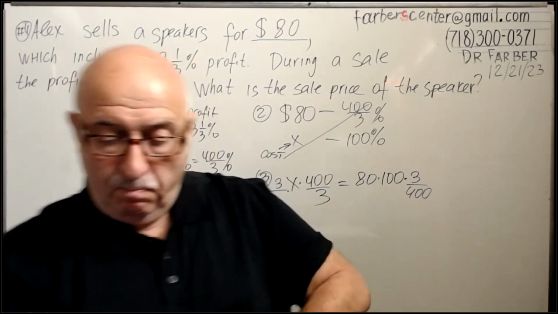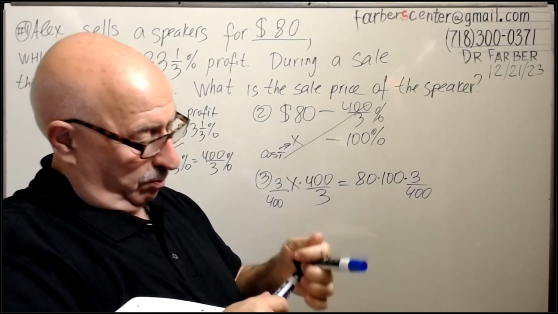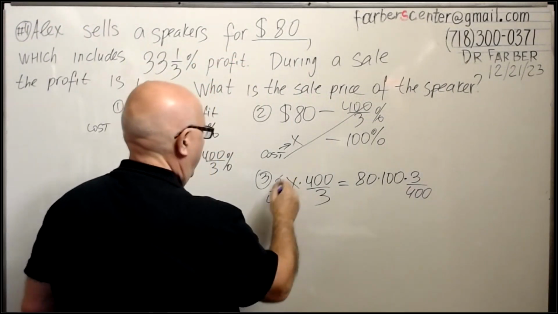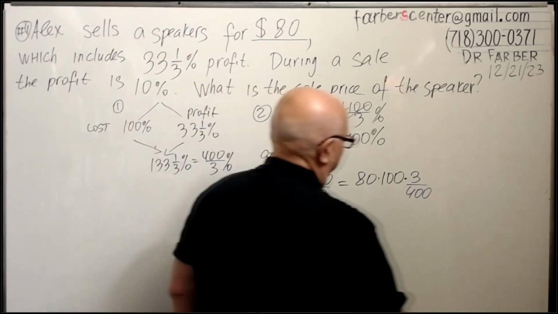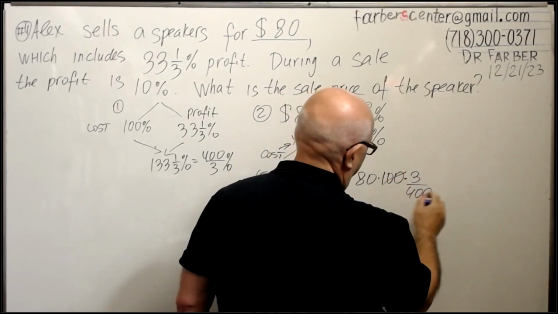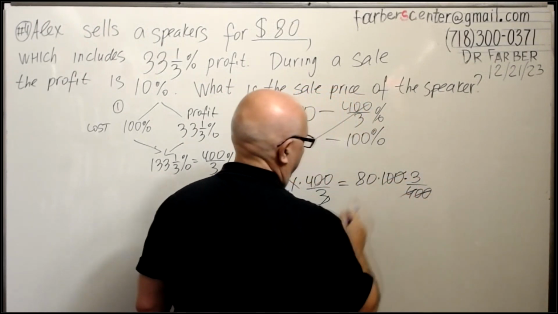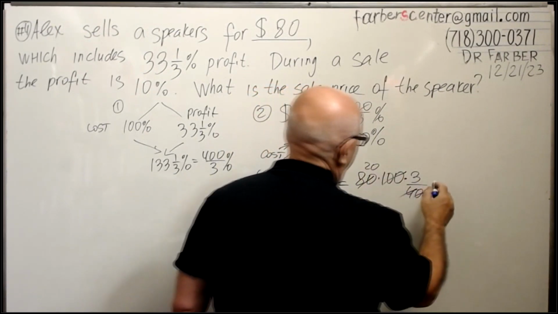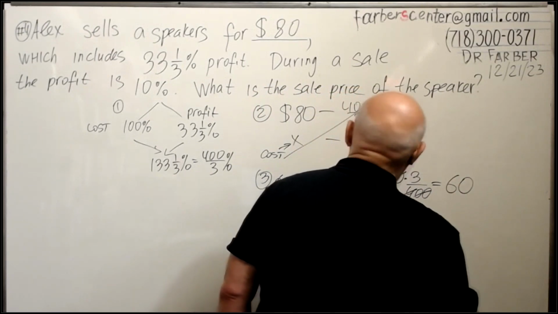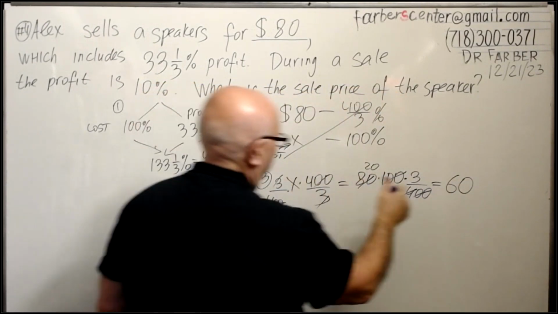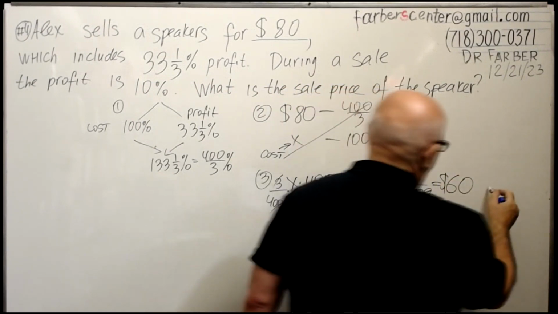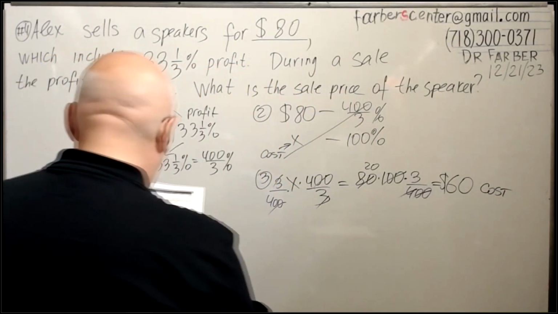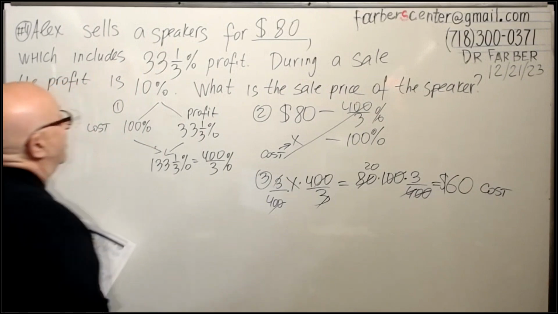These 2 zeros and these 2 zeros, 4 goes into 80 20 times, and this would be 60. What is 60? The unit of measurement is dollars, and this is his cost. I know what he bought it for, right? 60.